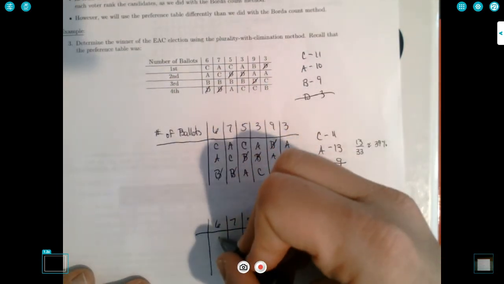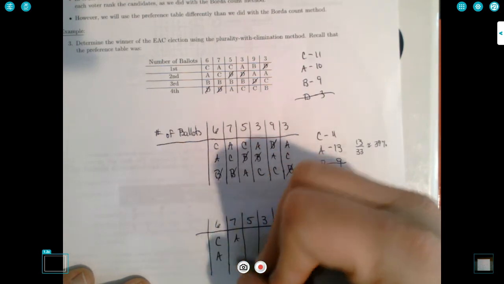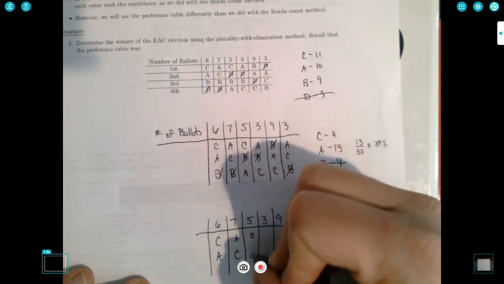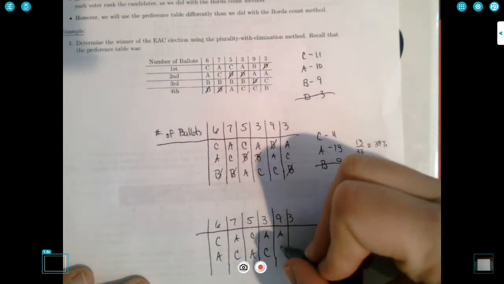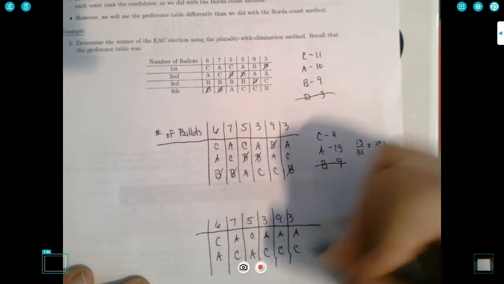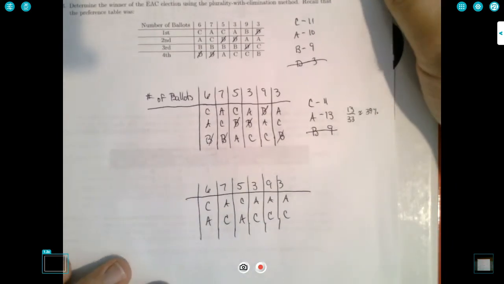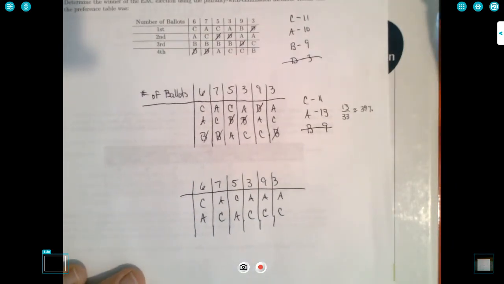It's going to be C, A, C, C, A, C. Obviously, a lot of these things are the same, but that's okay.